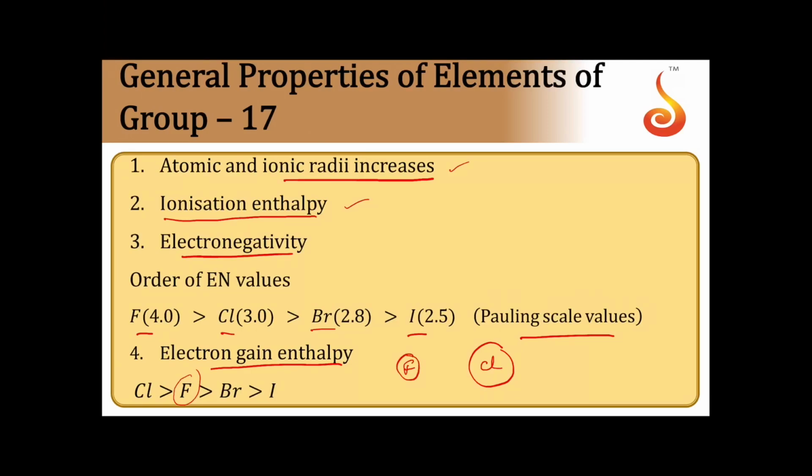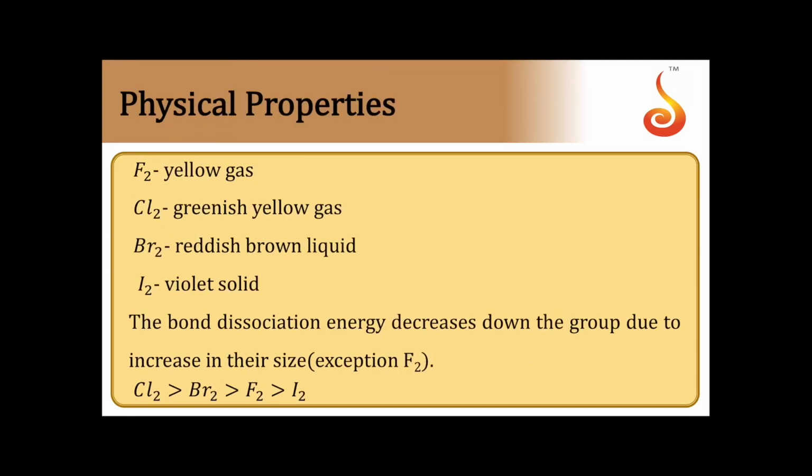So it has more electron density when compared to chlorine, and it starts repelling the incoming electron. Thereby, it has a lesser electron gain enthalpy. So lesser electron gain enthalpy for fluorine is because of small size and higher electron density.